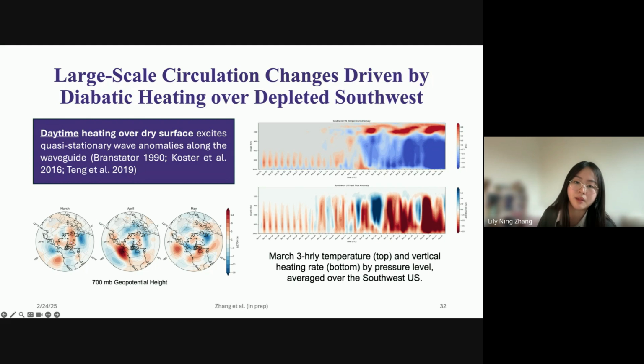So this is temperature, and this is the vertical heat flux. We see that during the daytime, there are these spikes of heating, this temperature warming that extends all the way into the upper troposphere and is very consistent with our theory for how daytime heating over the dry surface could extend all the way up there and excite this wave response.